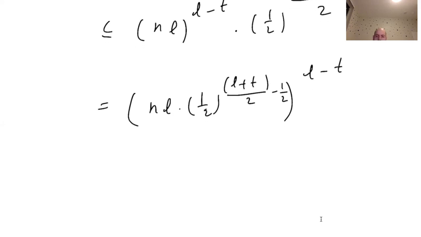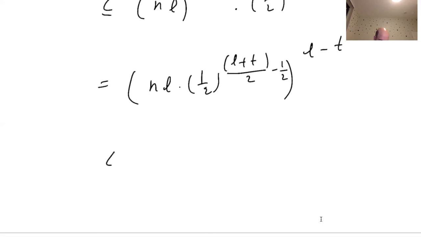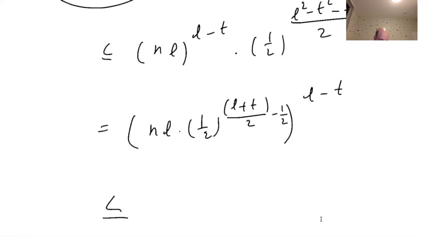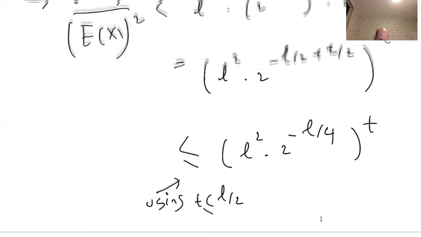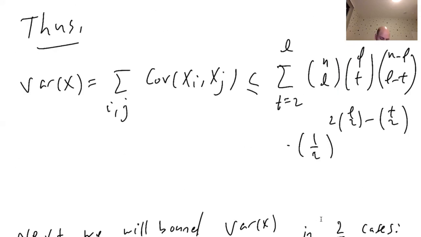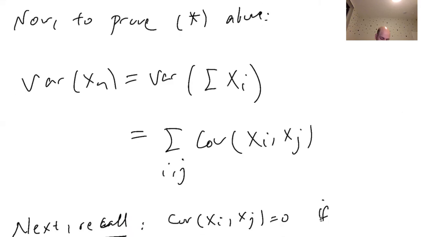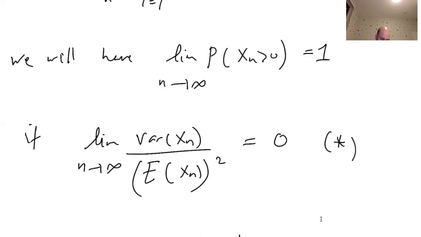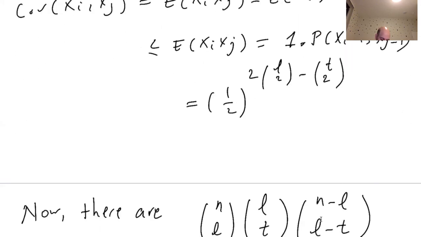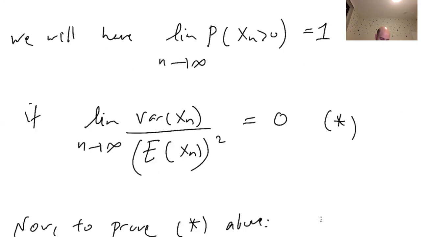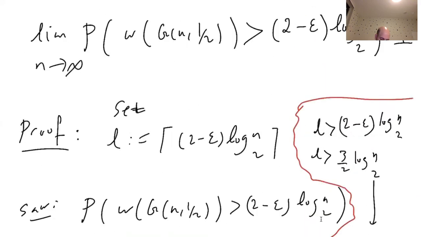Okay, now what do I know about n? So n was, okay, let's look at what we know about n. We go back to the definition of L in our theorem.